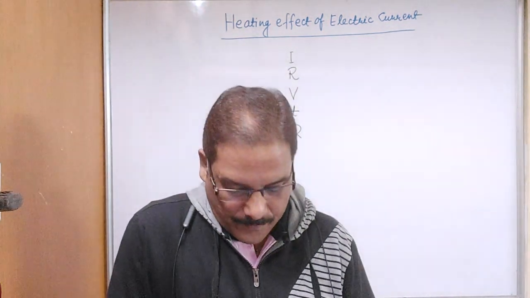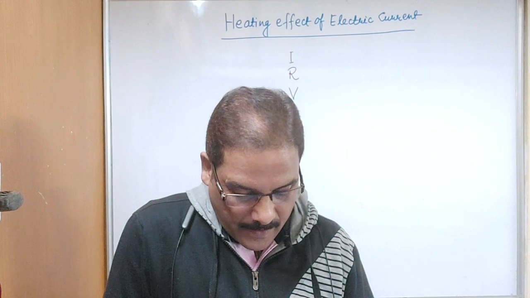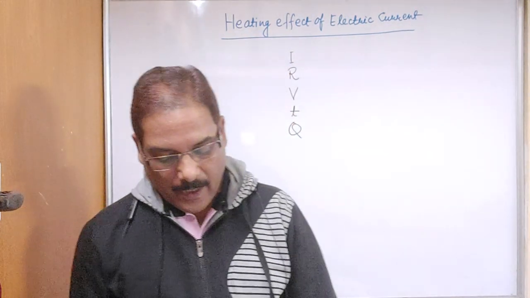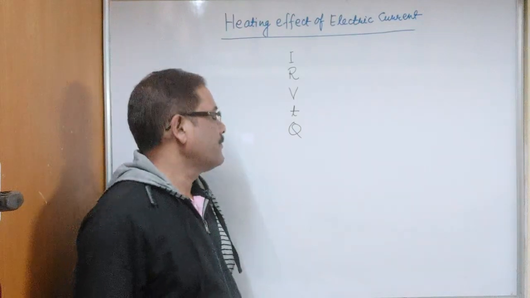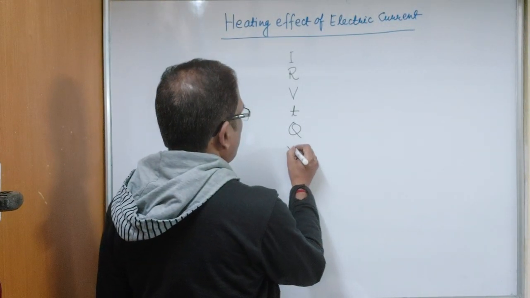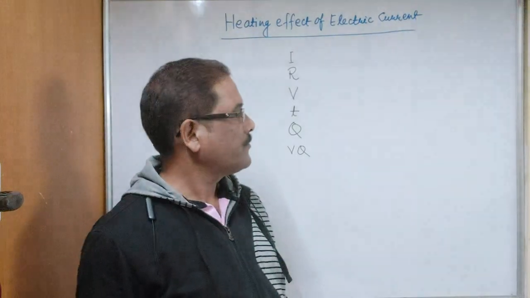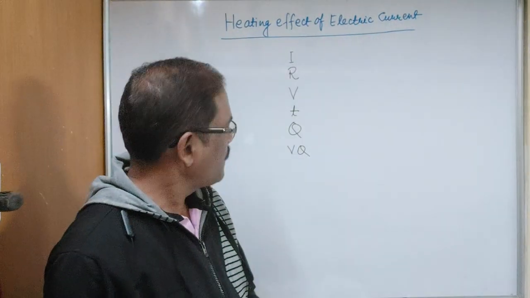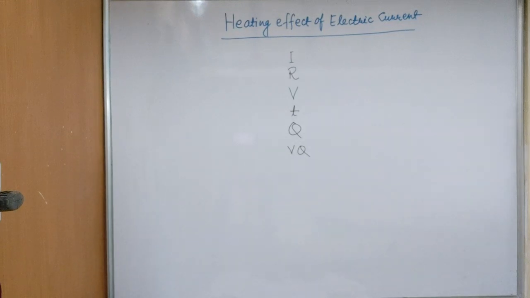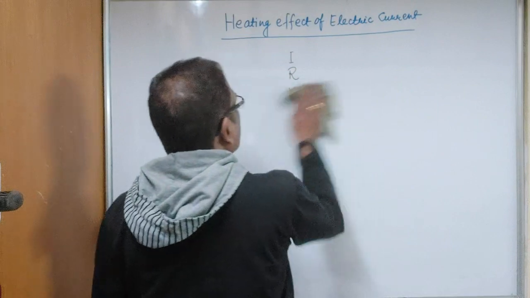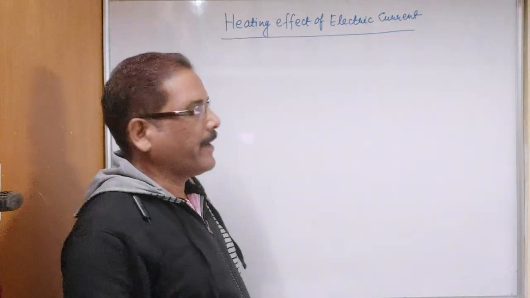Next sentence: the work done in moving the charge Q through a potential difference V is V into Q. Now recall the expression that we have earlier written for potential difference.